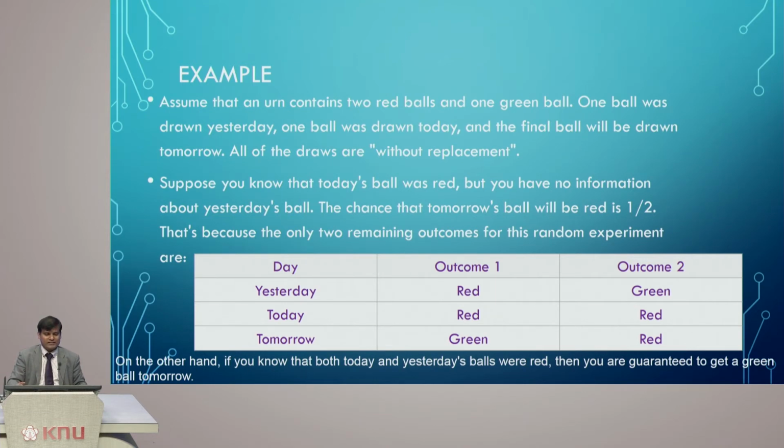The probability that the ball would be red is 1 by 2. That's because there are only 2 remaining balls, since you already picked up 1 red, and either red or green would be inside.